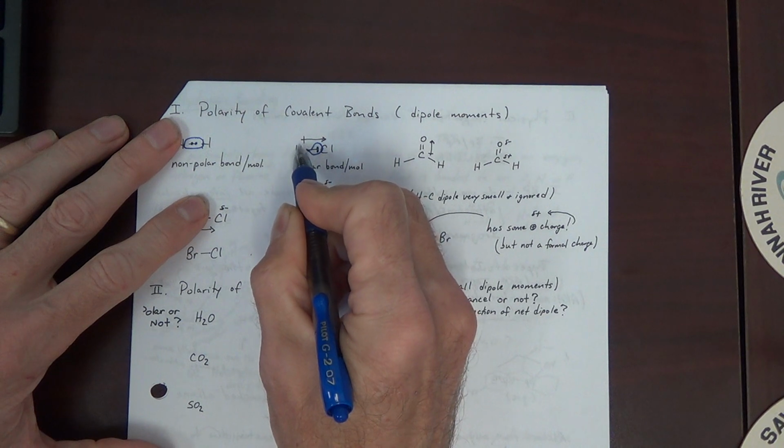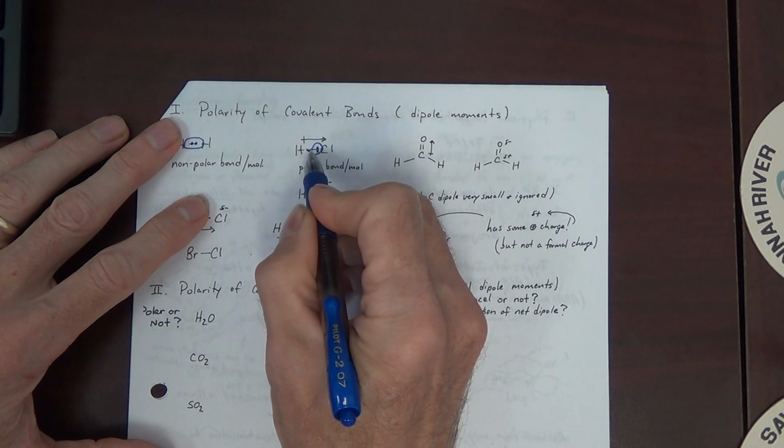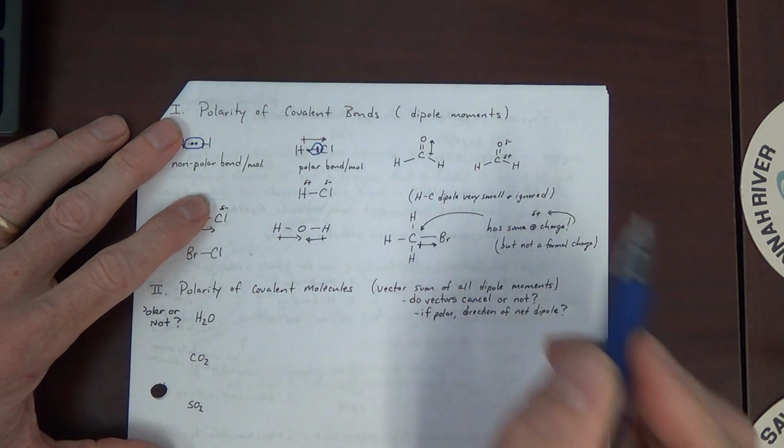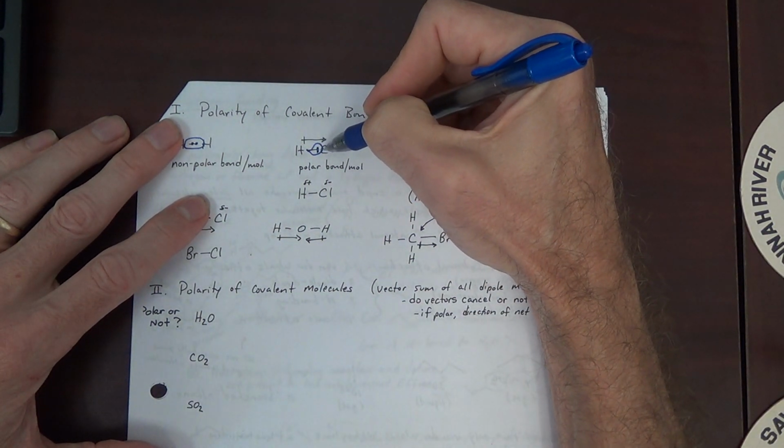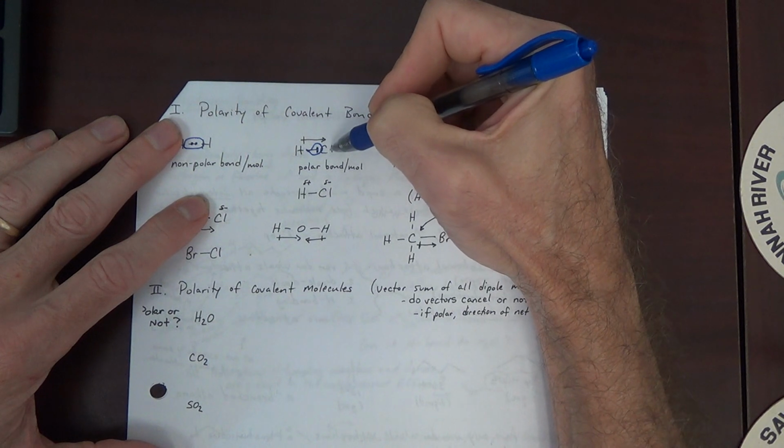And if you pull electrons away from an area, this is going to make the area more positive. And as the electrons move more towards the chlorine, it becomes more negative.